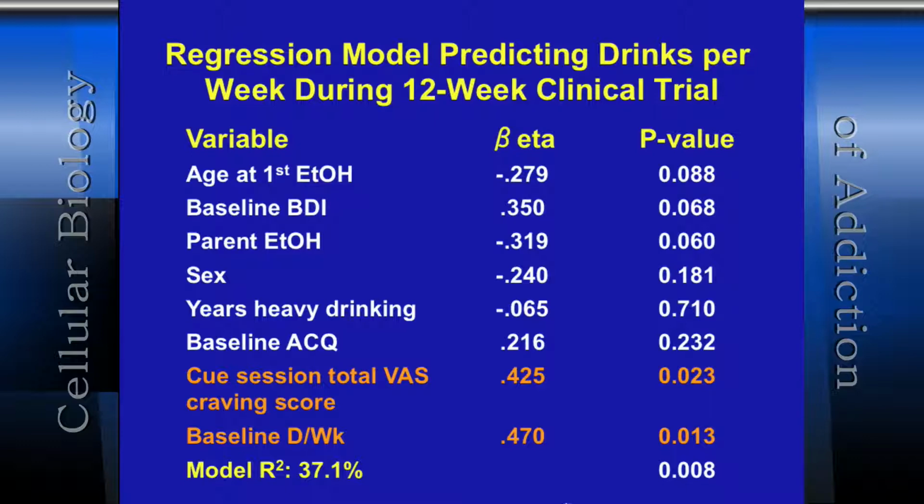The cue session craving score was a significant predictor, and how much they were drinking at baseline was a significant predictor. Those were the only 2 predictors of clinical trial outcome.